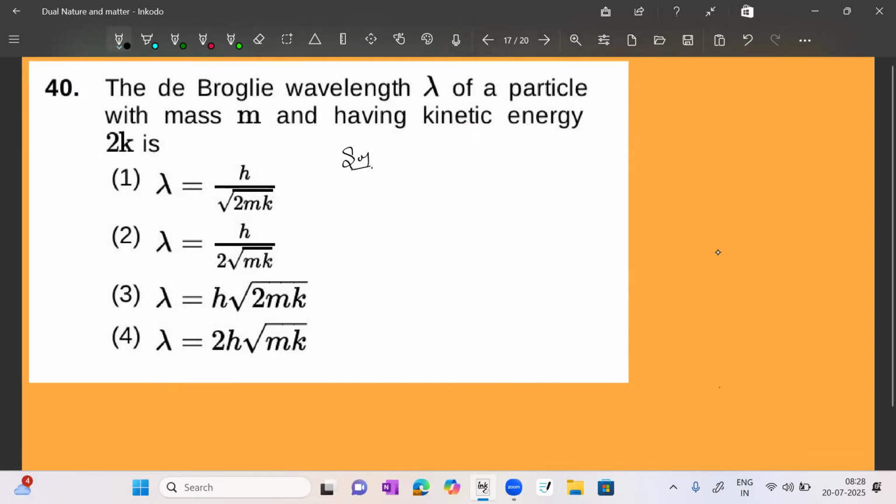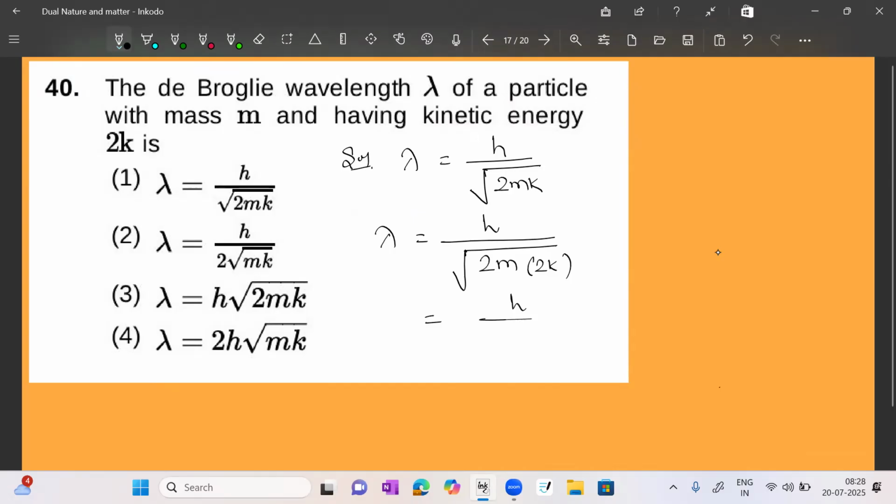We have the formula, in terms of kinetic energy, lambda is equal to h by root of 2mK. Mass is m and kinetic energy is given as 2K. So it becomes h by 2 times root mK. So option 2 is the correct answer.